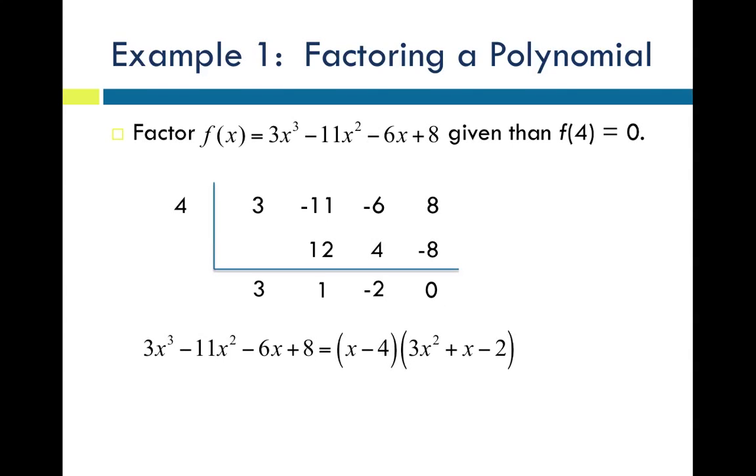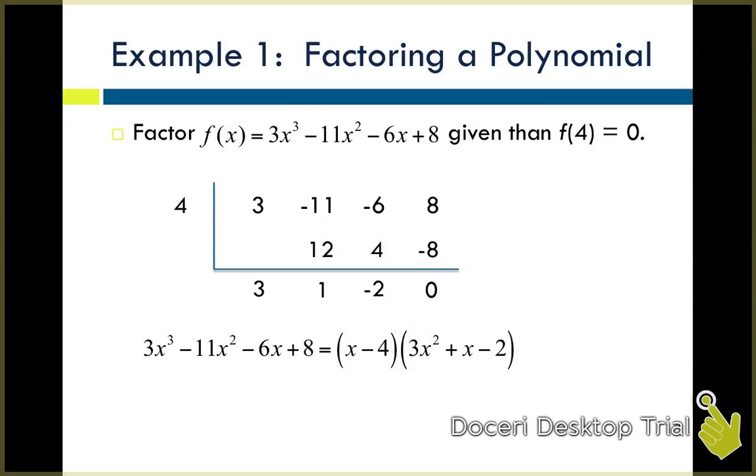Now, that means that I can now rewrite my polynomial as two factors. The x minus 4 comes from using this k value of 4. The 3x squared plus x minus 2 comes from my resulting row right here.